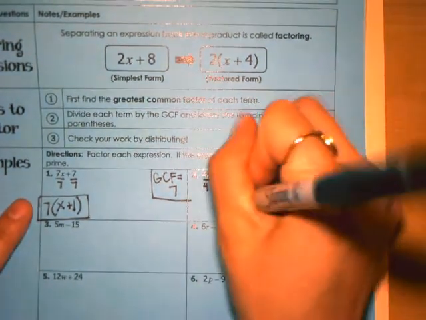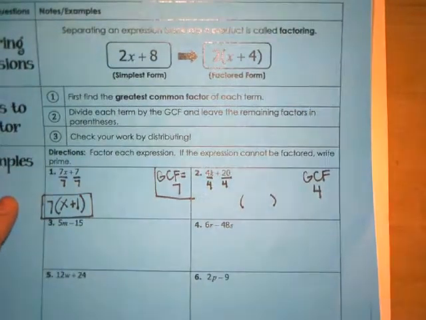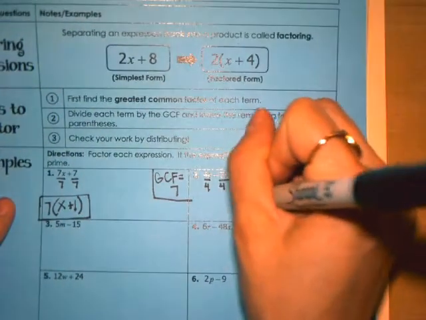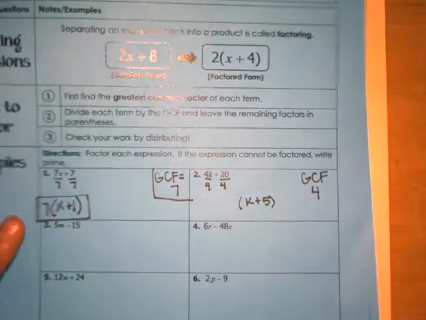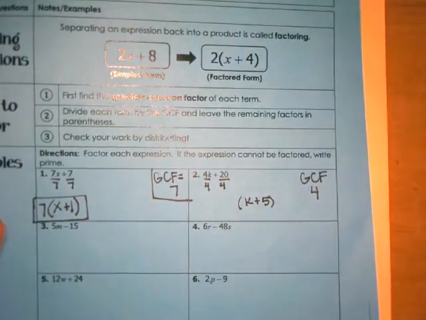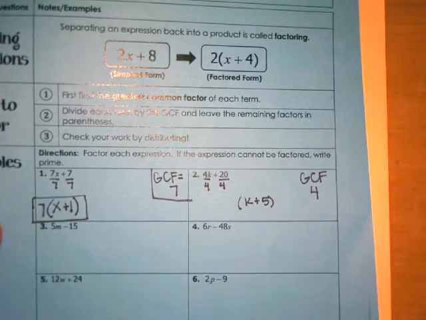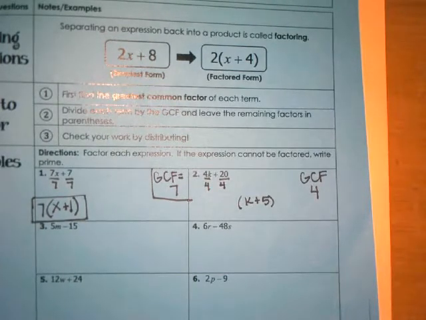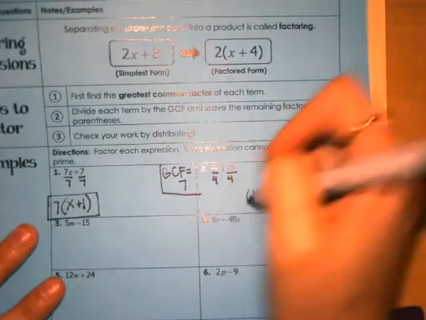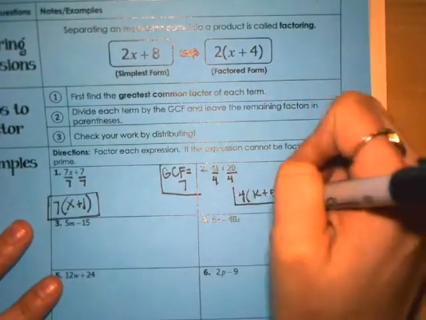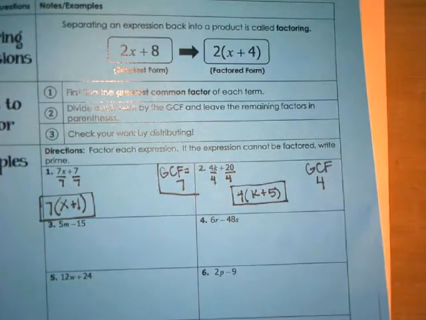So what do I get that I leave inside parentheses, everyone? So k plus 5 should be inside parentheses because 4k divided by 4 is k. 20 divided by 4 is 5. Keep your plus sign the same. And what number goes on the outside of the parentheses? 4. So my answer is 4 times k plus 5 in parentheses.